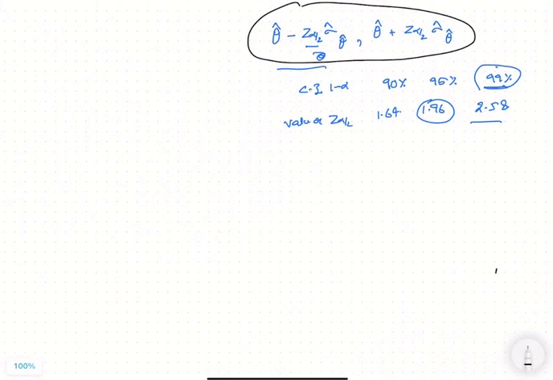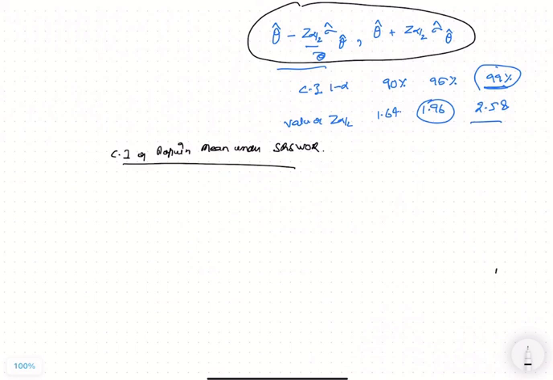But now let's move on to see the confidence interval of population mean under SRSWOR. In this case, what we have is the population theta is population mean y bar for a sample of size n by SRSWOR.